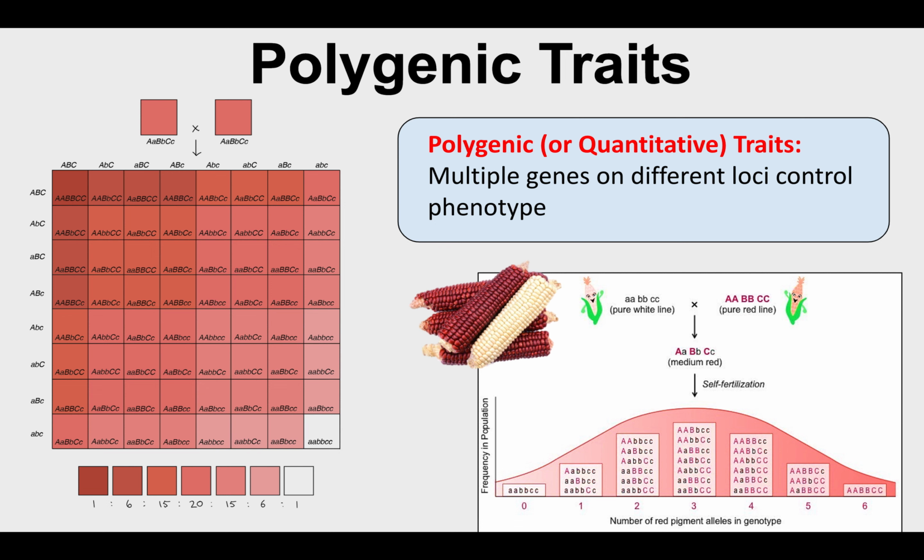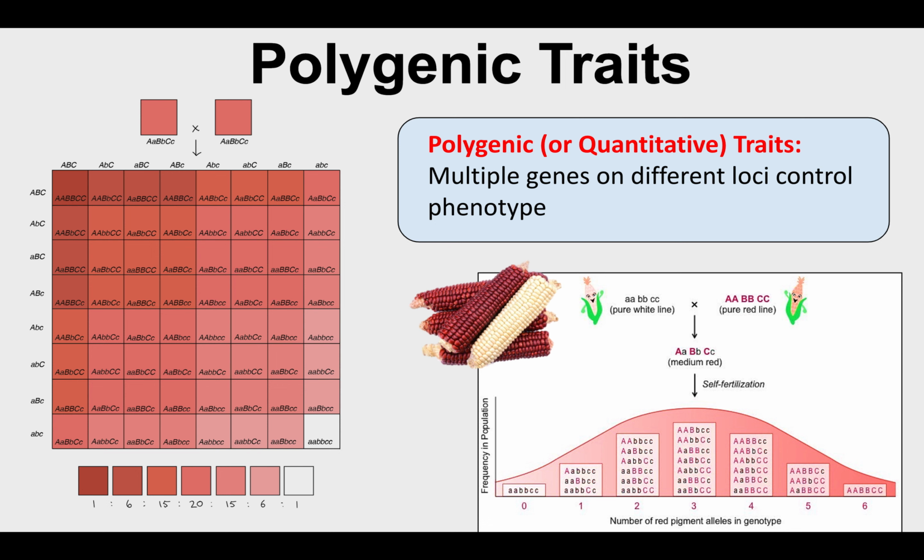We could also have traits that are polygenic, meaning that there are multiple genes controlling a phenotype. In corn, for example, this variation where we get this red corn, this coloring is the combination of 3 different genes and how they blend together.